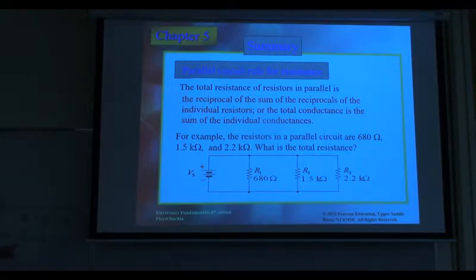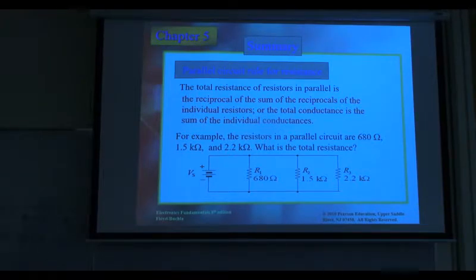How to calculate G1? 1 over R1, right? These two formulas are equivalent. Can you see these two are equivalent? Because if you move this one to the left-hand side, you need to move this one to the right-hand side, and this over this gives us GT. And this one is G1, this one is G2, this one is G3.